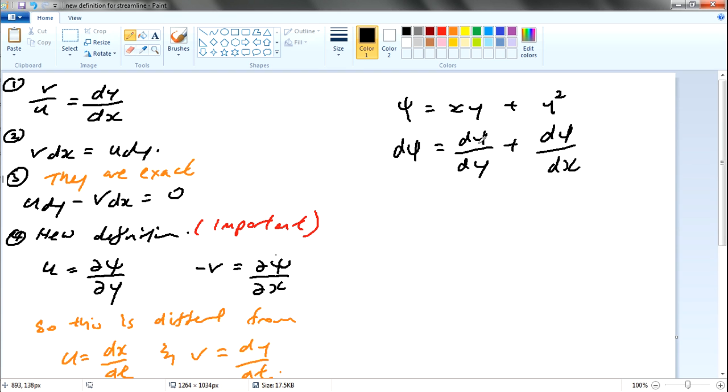For d xi divided by dy, if you differentiate y, you have x dy. Then if you differentiate dx, perhaps I should put it as x squared. If you differentiate dx, you'll get 2x dx, sorry, you will have 2x y squared dx.